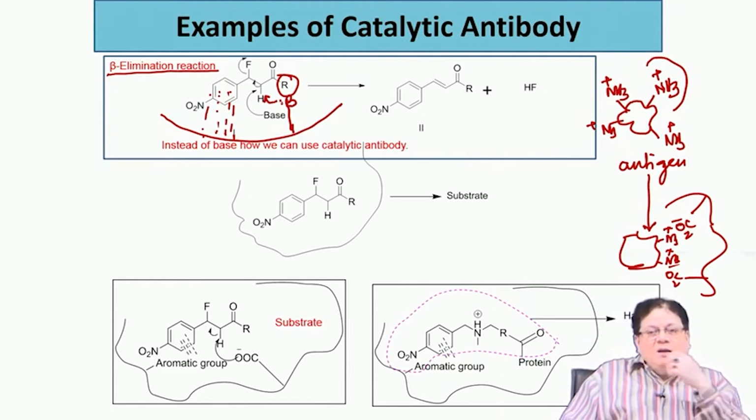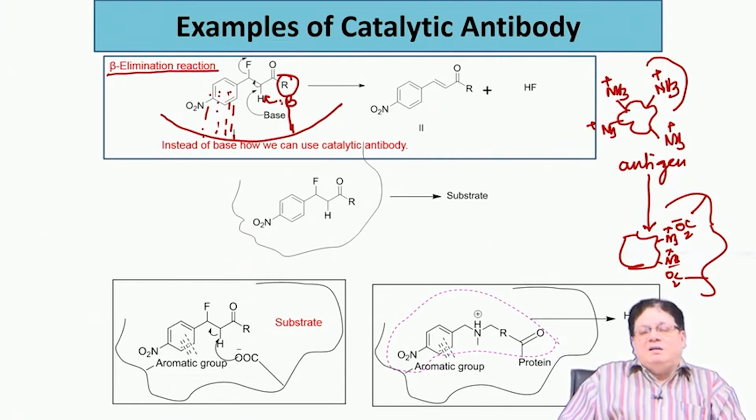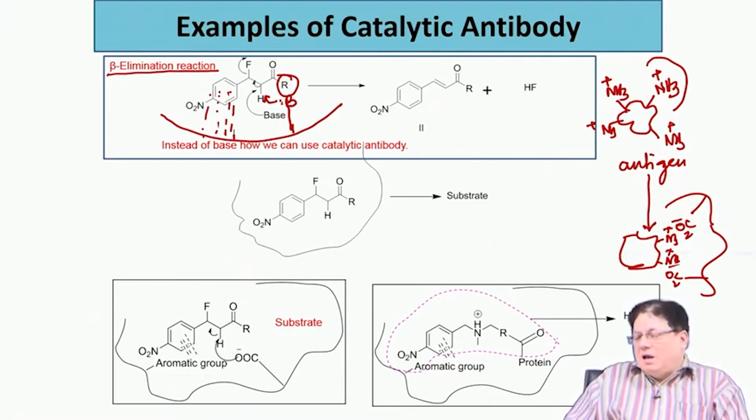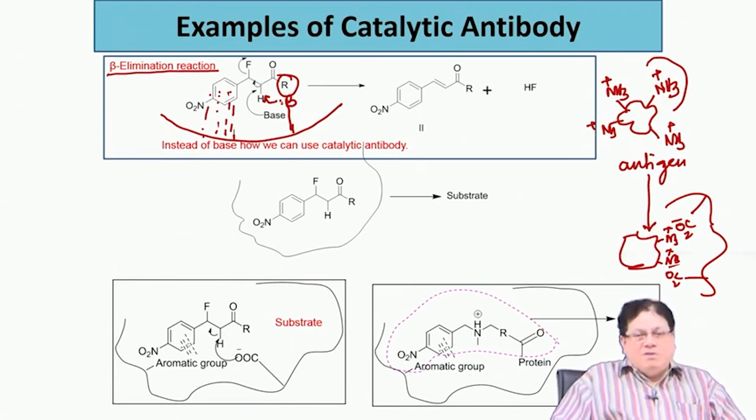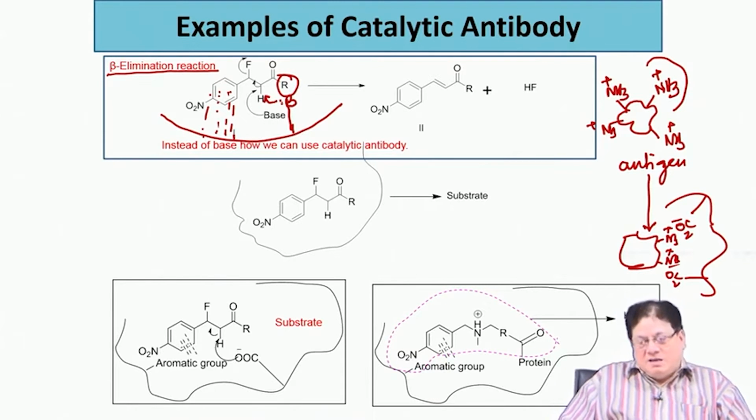Sometimes we think that the basic groups are arginine, histidine, lysine, etc. But the problem is that at biological pH, lysine is present as NH3 plus, and its lone pair is no longer available. Arginine will be present as the positively charged conjugate acid. So they are not bases in the biological system at pH 7.2.